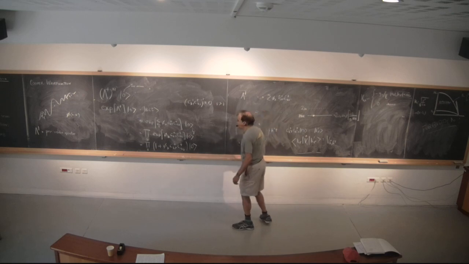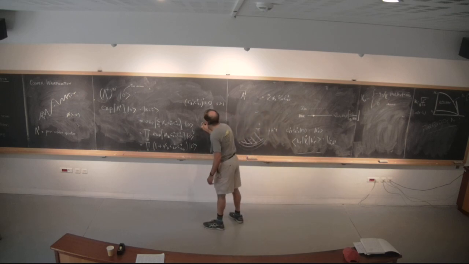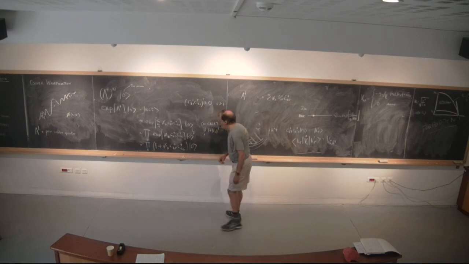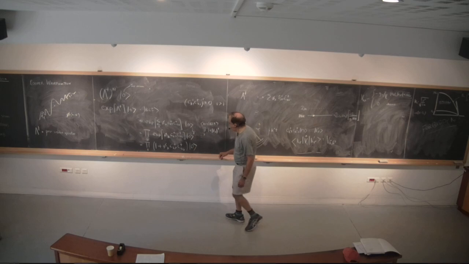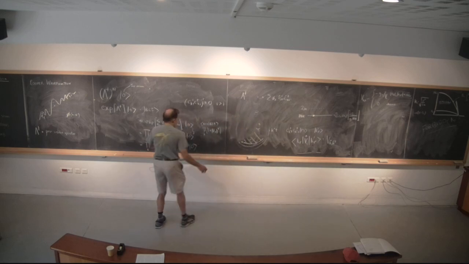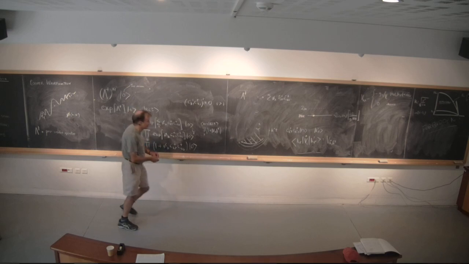If you take the product of this with itself, then you'll see that for each k, we get 1 plus mod phi k squared, if it's complex, product over all k. And so to normalize this, it's better to divide each term by the square root of 1 plus phi k squared.